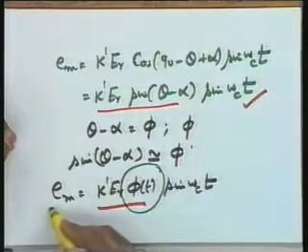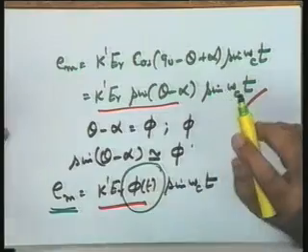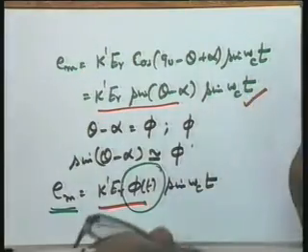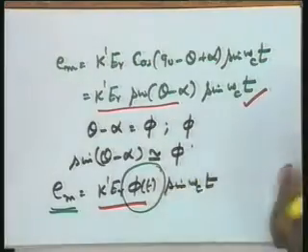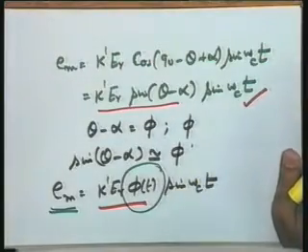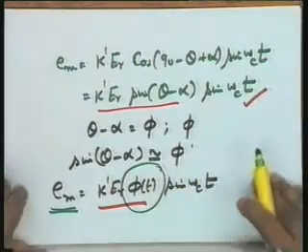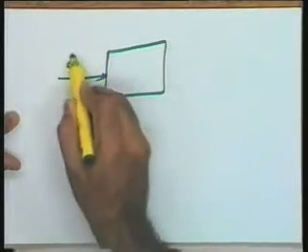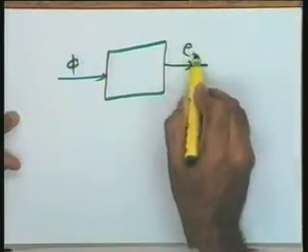The output is this signal Em, which is available at the rotor terminals of the control transformer. So the input output model of the system should appear like this: input phi and output Em.